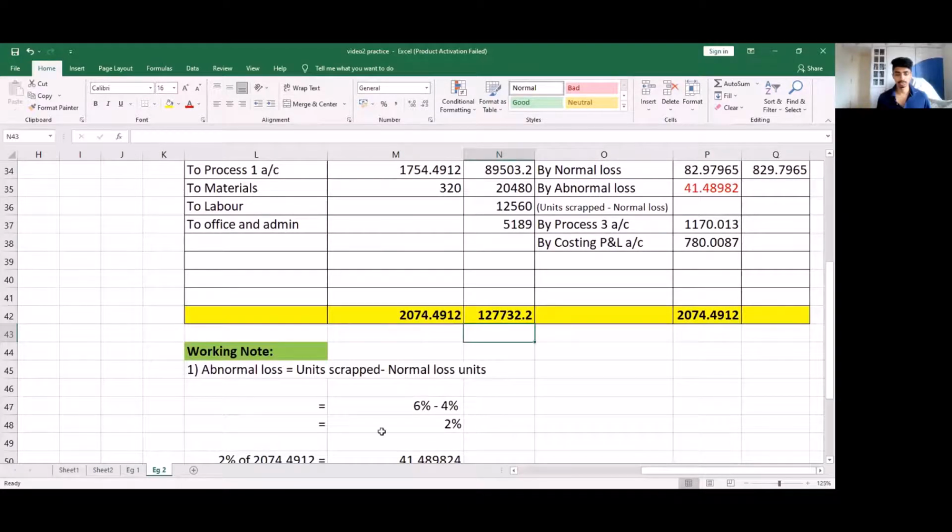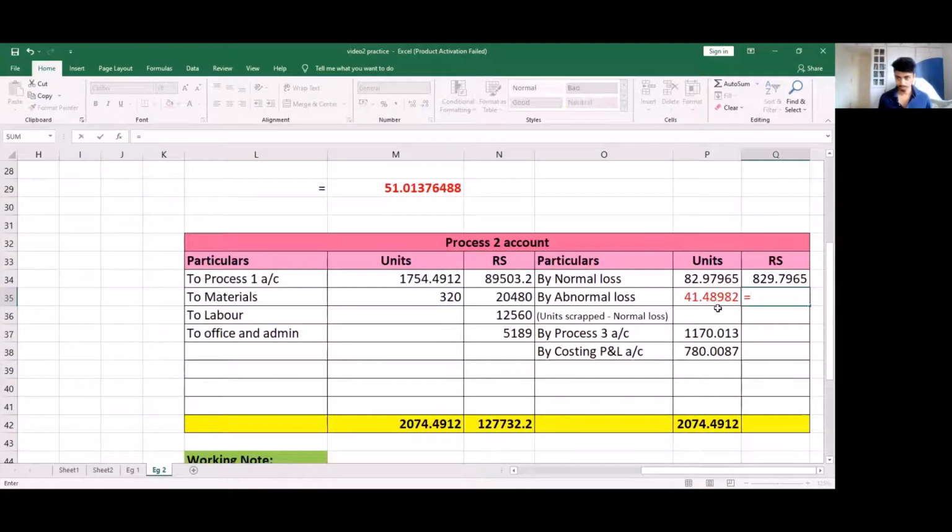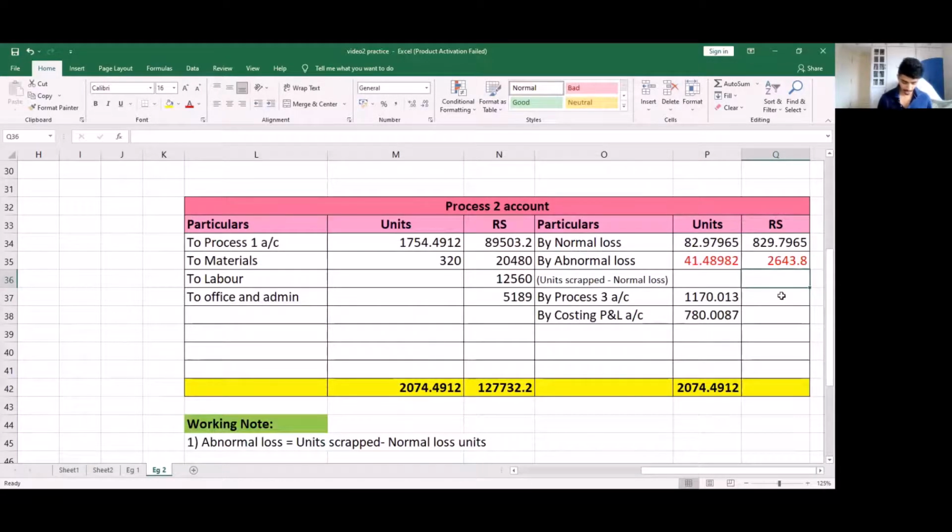Divided by total number of units, 2074.49 minus 82.97, which is nothing but our normal loss. So by doing this, we get the cost per unit as 63.7216515. So we use this to find our abnormal loss. We use it to find our finished goods.